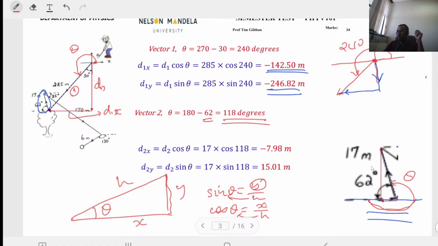But make sure you put your values together in your calculator and then get this is the y component, this is the x component. Of course, if I go back to the very first one, the y component is down, the x component is to the negative. You can see both of them are negative. On the second path, that is the small path there, which is 62 degrees relative to the negative x-axis with 70 meters, it is actually up.